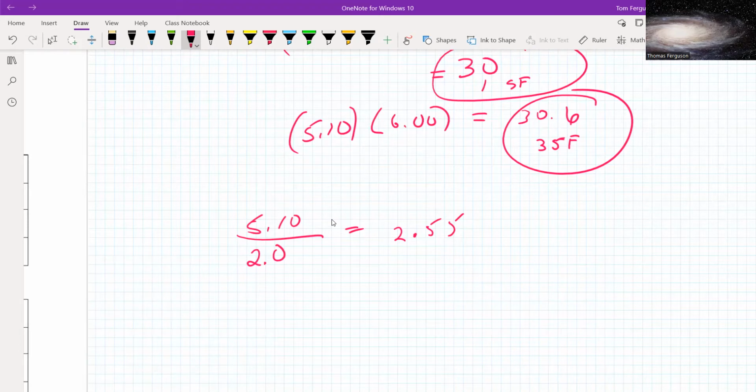Okay, how many sig figs is that? How about this? So how many does our answer have to have? 2. So we go 1 more than 2. Third place, it's 5 or more, so that kicks us up to 2.6.